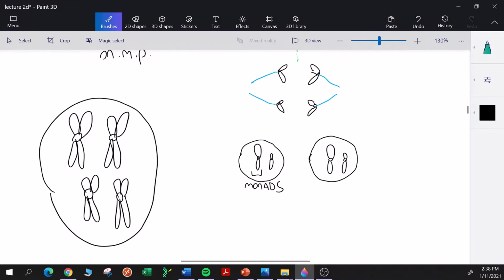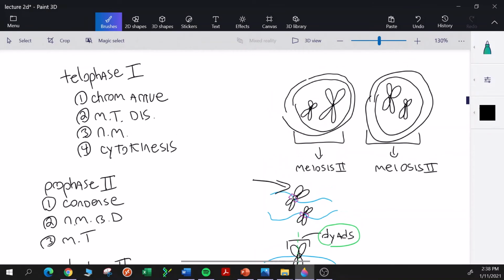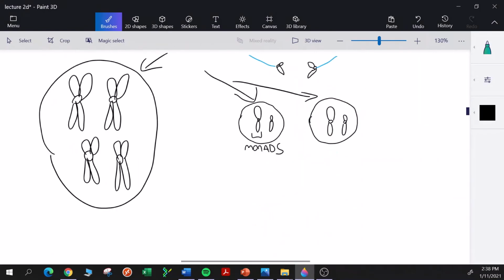So we started with this over here, and we ended up with 2 of these. Well, remember that each of these right here can undergo meiosis too. So we can expect 2 more of these guys resulting from meiosis.